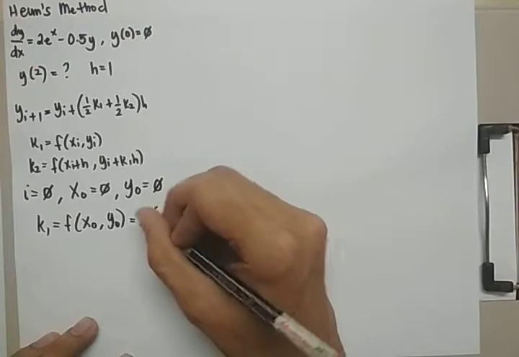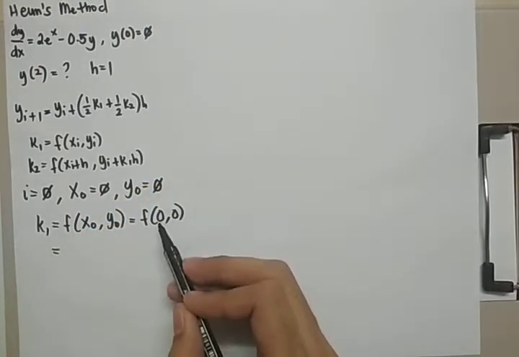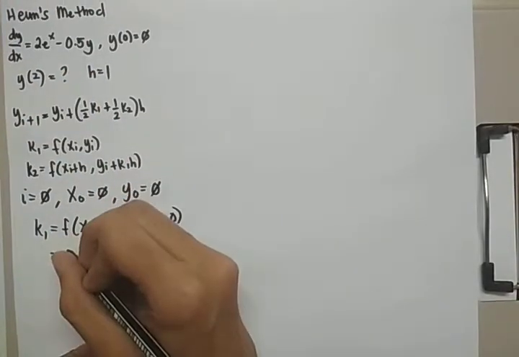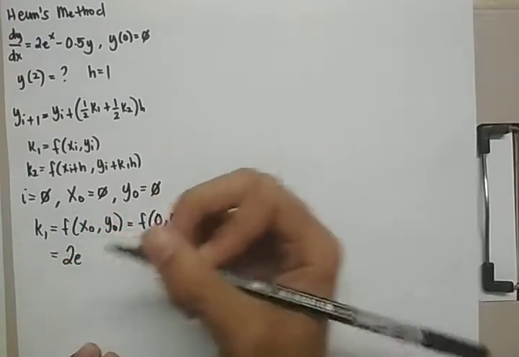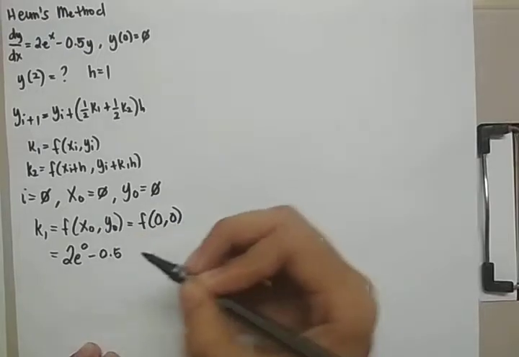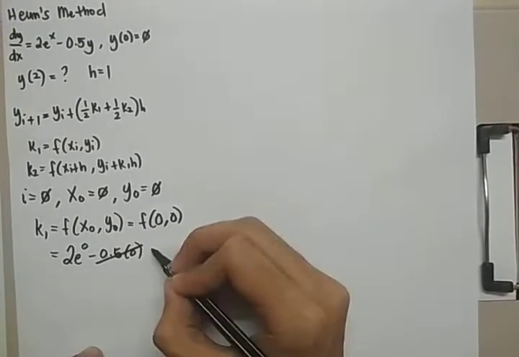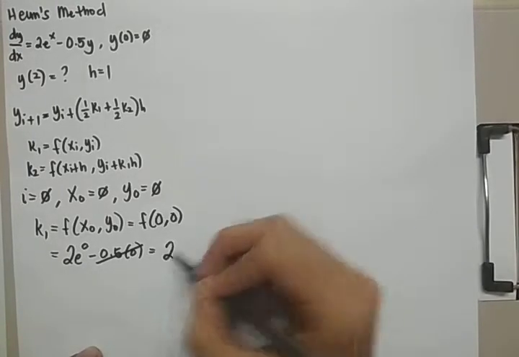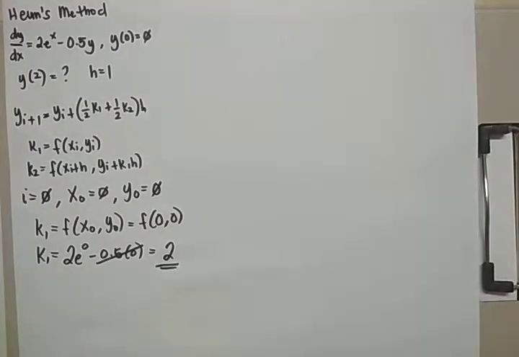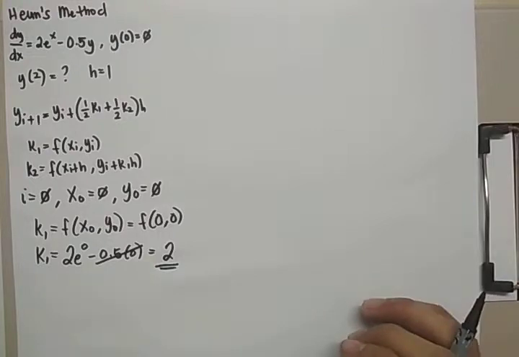So by substituting these values in our given function, we have 2e raised to 0 minus 0.5 multiplied by 0, so this is cancelled, and we get 2. This is our value for k sub 1 at i equal to 0.